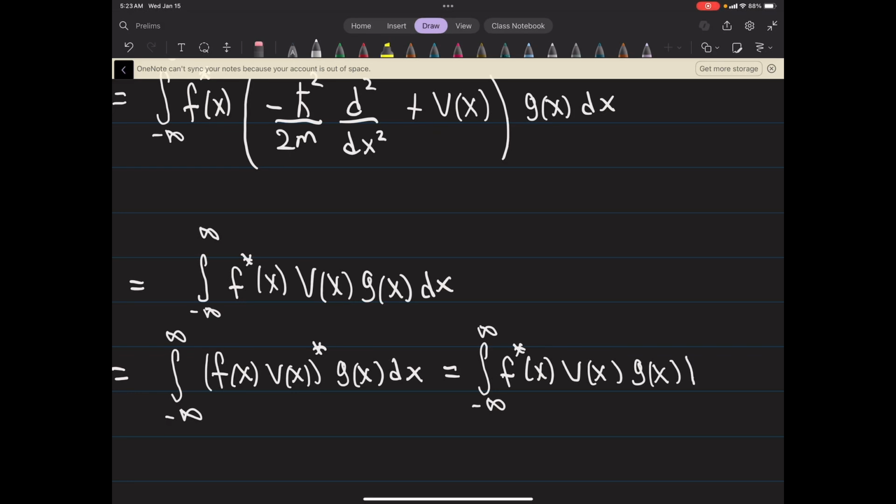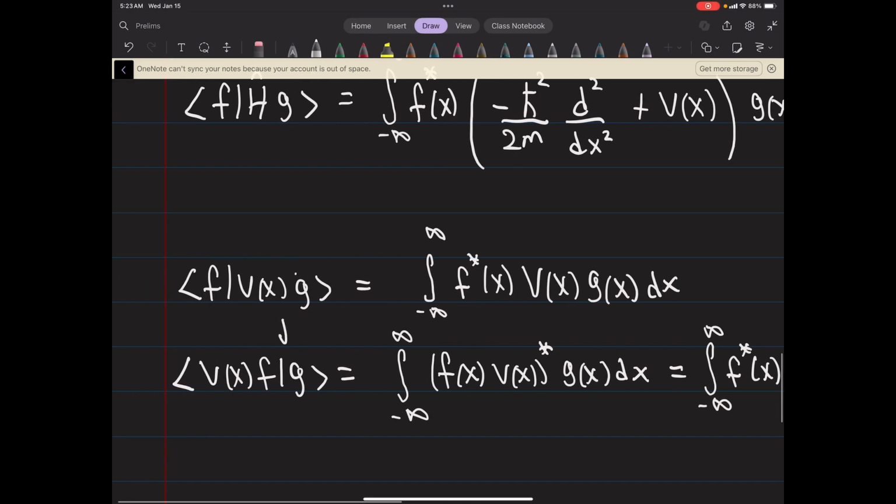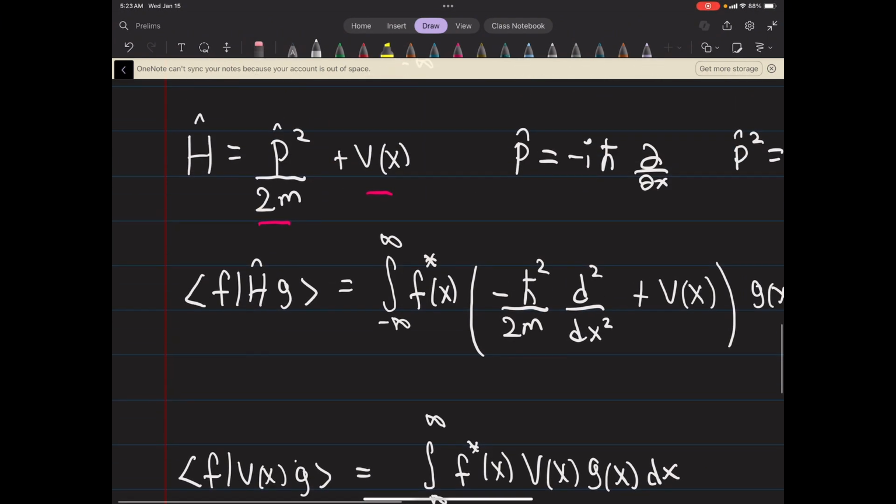Okay, so these are equal. So your v of x term, this is good. That's clearly Hermitian. But what about this term? If we can show that that's Hermitian, then we can show that your Hamiltonian is as well.